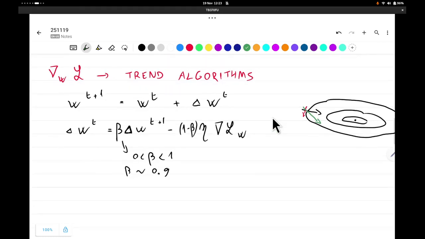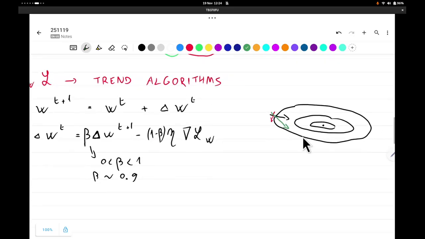So if you translate this into this equation, you can of course unfold it, and this will be the sum of all the previous gradients with smaller and smaller powers of beta. So basically we are promoting situations in which the gradient always has the same sign, so this delta W will add up, and whenever the sign changes continuously, this term will cancel with itself, and so you will build up momentum.